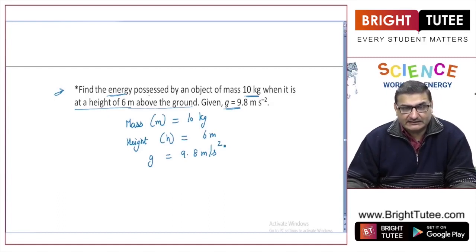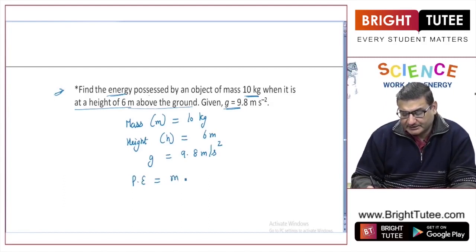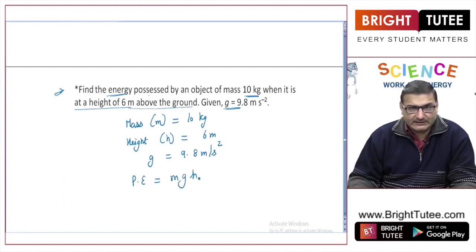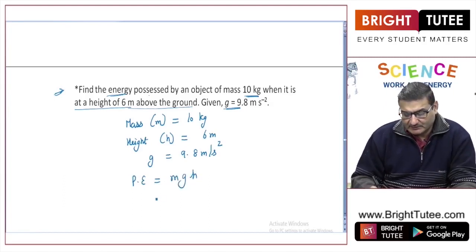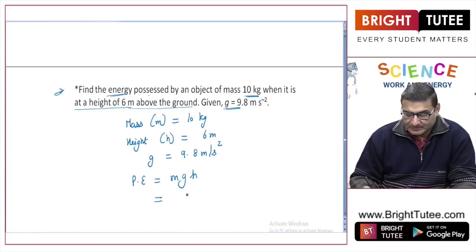We have to calculate the energy simply by applying the formula: potential energy is equal to m into g into h. All the values are given, we just need to put in the values and multiply them. So, mass is 10 kilogram, multiply by 9.8, multiply by 6.